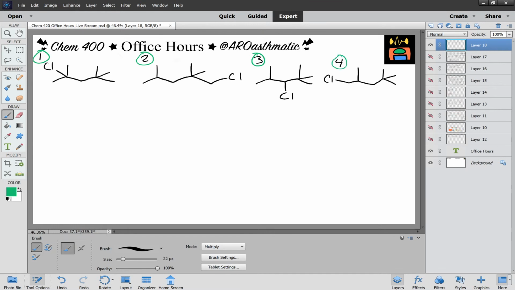In addition to their structures, we're given their boiling points.